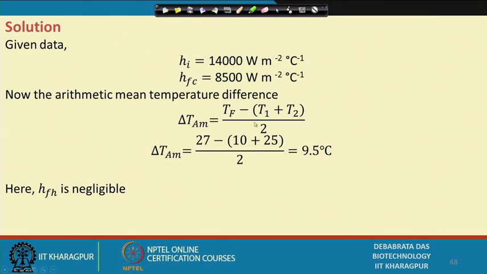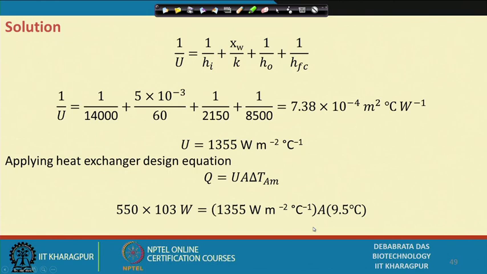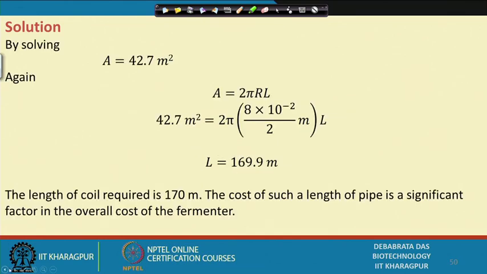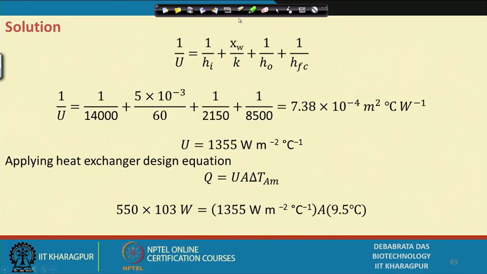The final temperature is 27 degrees centigrade, and the cooling water goes from 10 to 25, so we take the mean, we can easily find out. The fouling factor of the hot surface is neglected. Then this is the resistance that we have, 1 by U equal to this, this we can easily calculate, and we find out the U value.